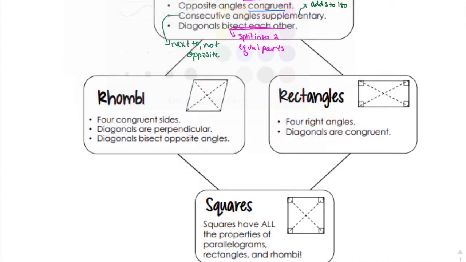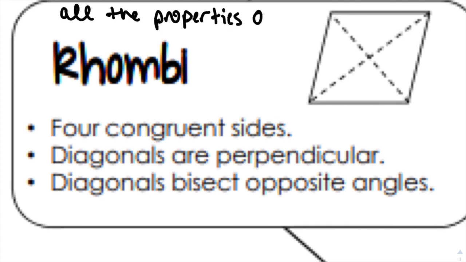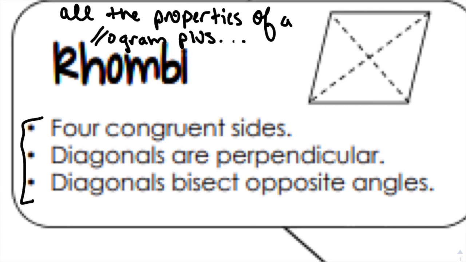Let's start by looking at a rhombi. Looking at rhombi, that's plural for rhombus. So I want you to write this. A rhombi has all the properties of a parallelogram plus dot dot dot these three properties. So four congruent sides, diagonals are perpendicular.